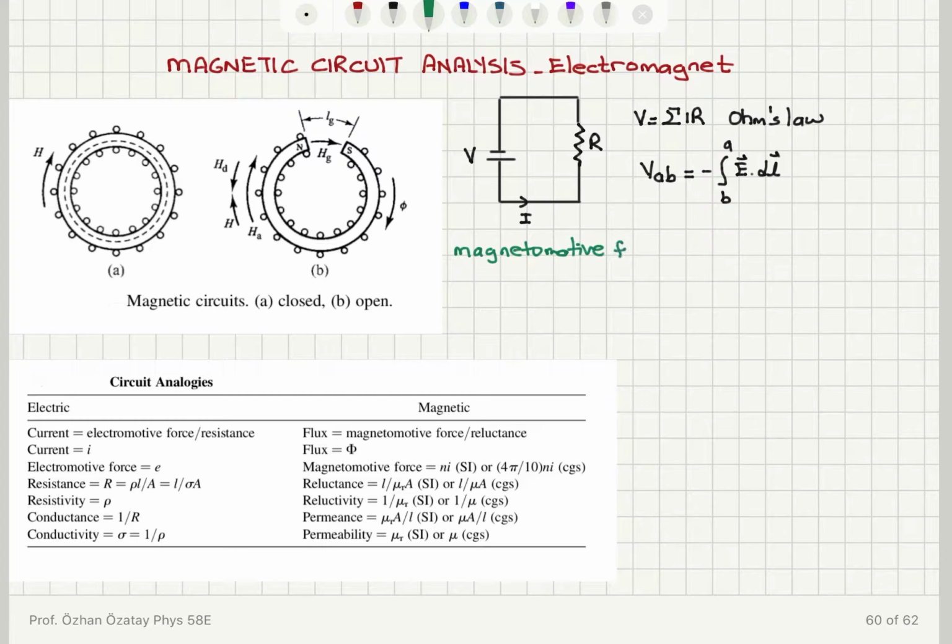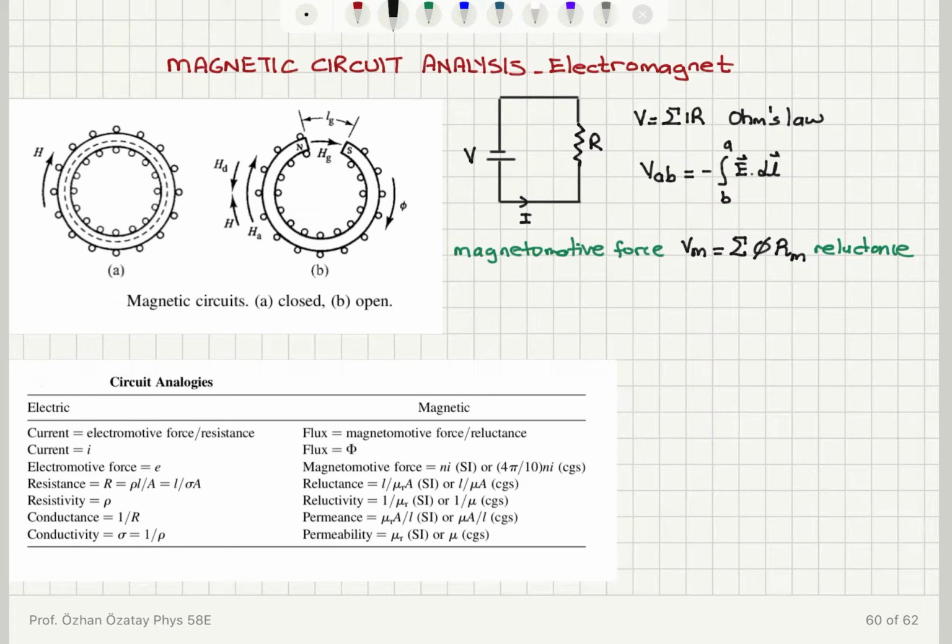This is the analogy to voltage, Vm, and this magnetomotive force is given by the sum of the flux multiplied by what is known as the reluctance of the circuit.